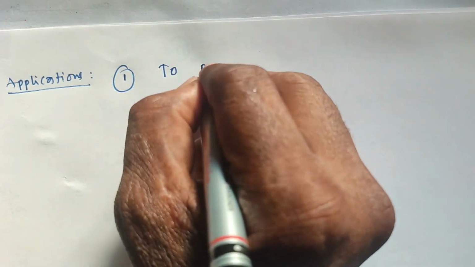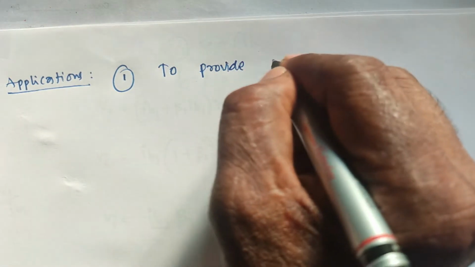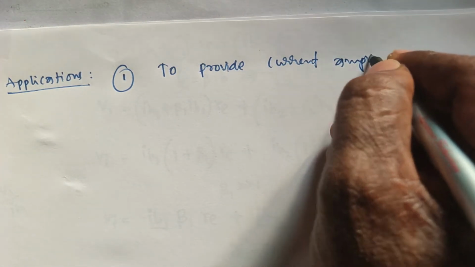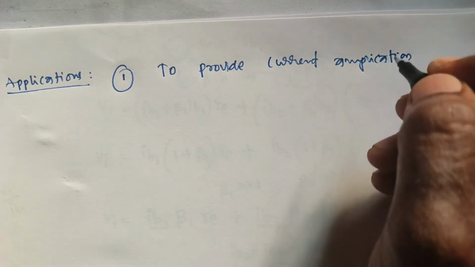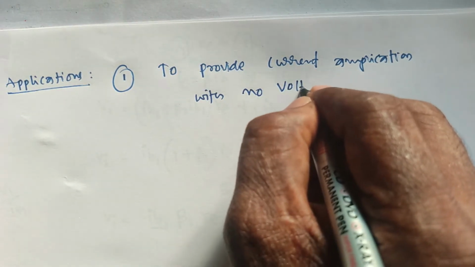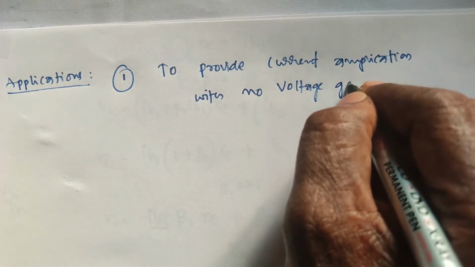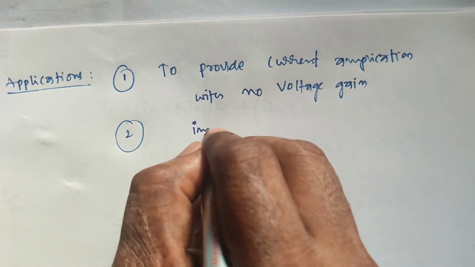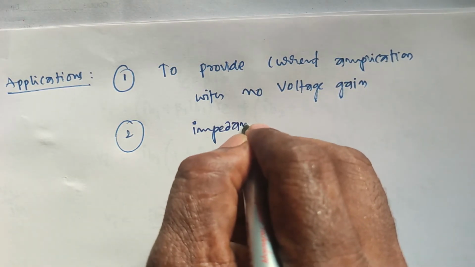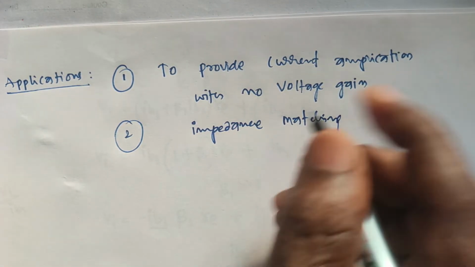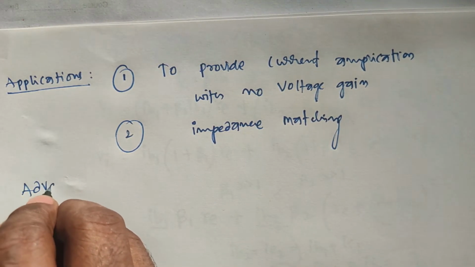Applications for bootstrap amplifier is to provide current amplification with no voltage gain. No voltage gain. That is the major advantage. Second advantage is impedance matching. Impedance matching. Okay.